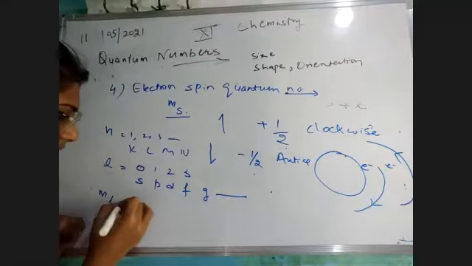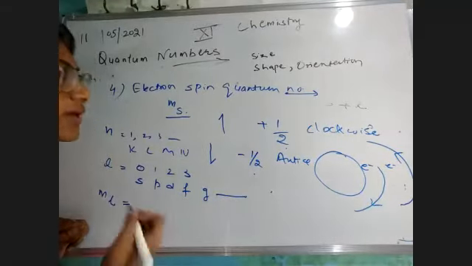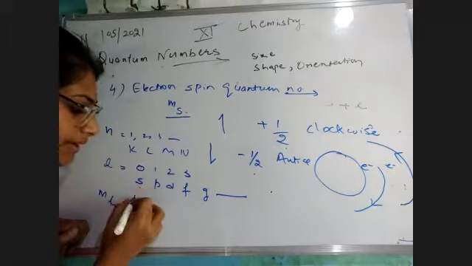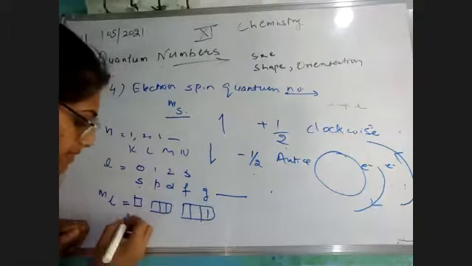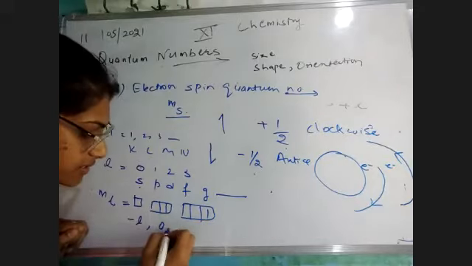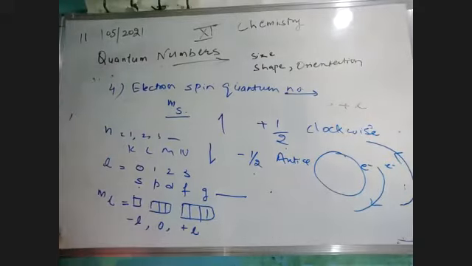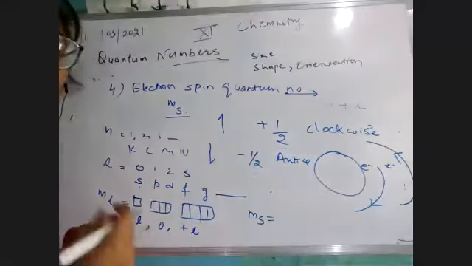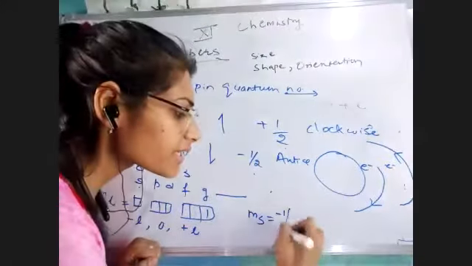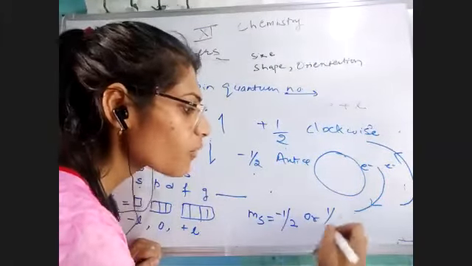Finally, we had ml, on the basis of which we calculated how many orbitals are possible, from minus l, 0, to plus l. And finally, ms, which just gave us the spin orientation, either minus 1/2 or plus 1/2.